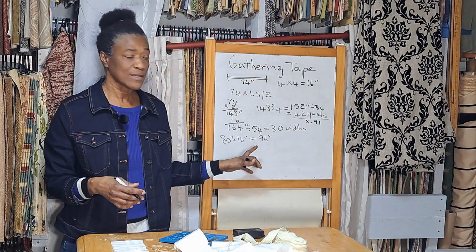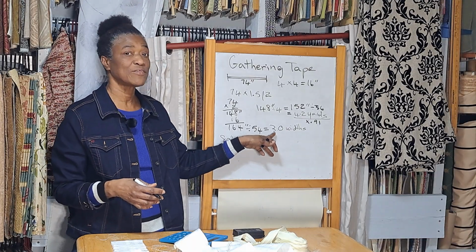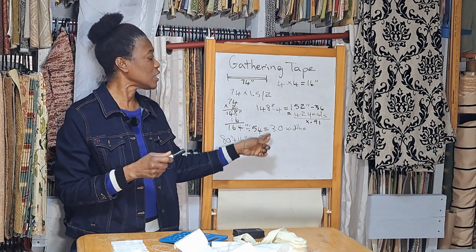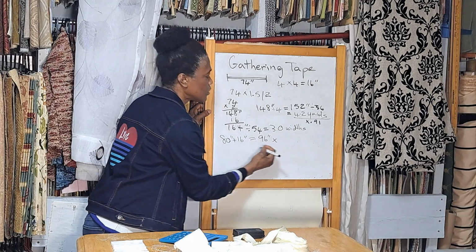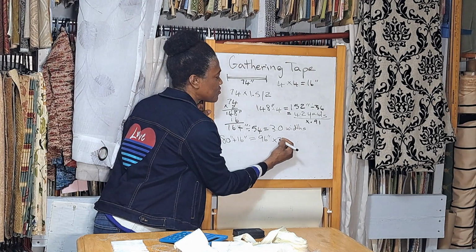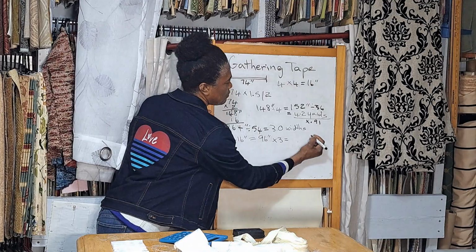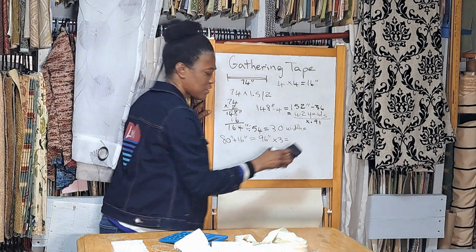What we do next is take this 96 inches and we multiply by the number of widths that we need, which is 3. So it's 96 times 3. Let's just use our calculator.